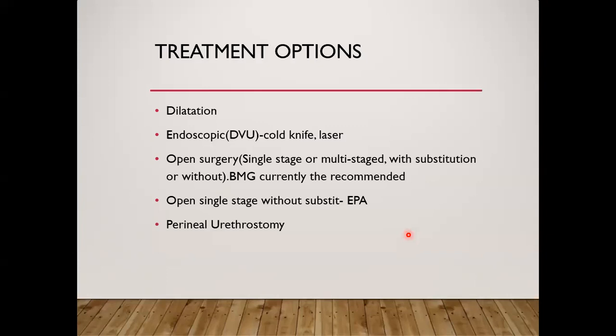And therefore, for endoscopic surgery, the rule is that the stricture must be incomplete. The other things that enhance healing from DVU are that the stricture should be short, and by short, we mean 1.5 centimeters or less.